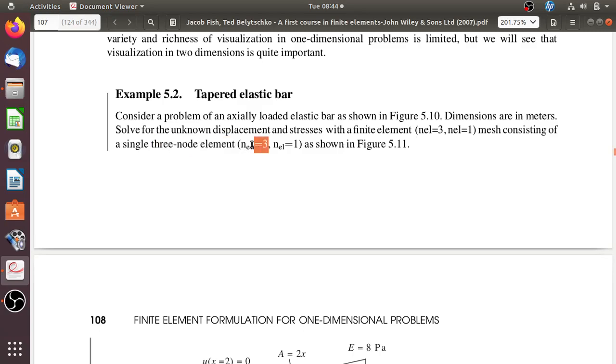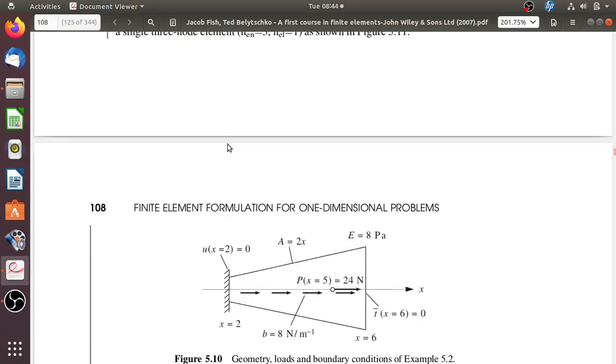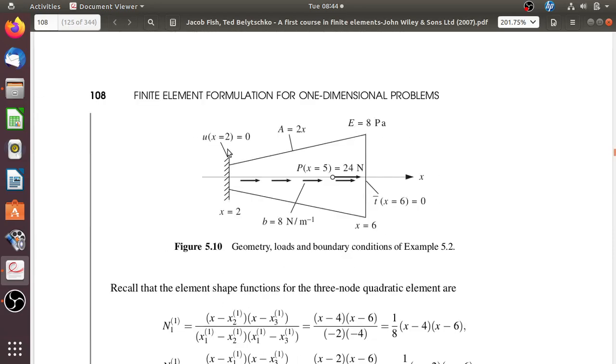So we need to consider this whole thing as one element, and it has to have 3 nodes. One is over here, one is over here, and there should be a node in the middle, let's say at x equal to 4.